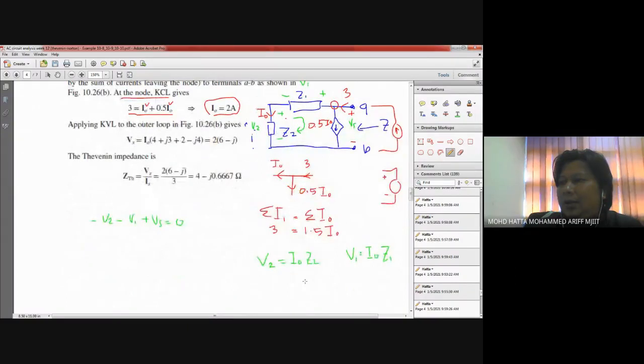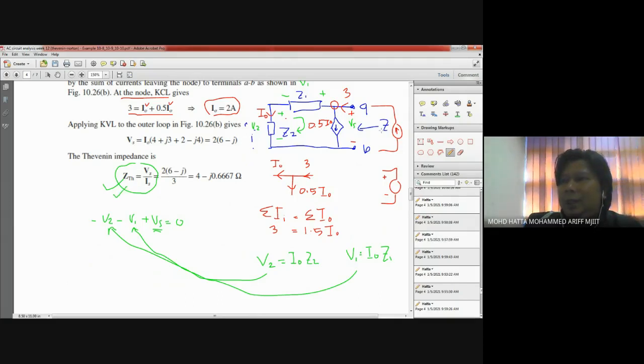Using these two values, you can easily get the value of your VS over here. And why do we need to calculate VS? Because at the end we will use Ohm's law to calculate our value of ZTH. We will make use of this VS and divide it by the current source that we provided earlier, and we can get our value of ZTH.